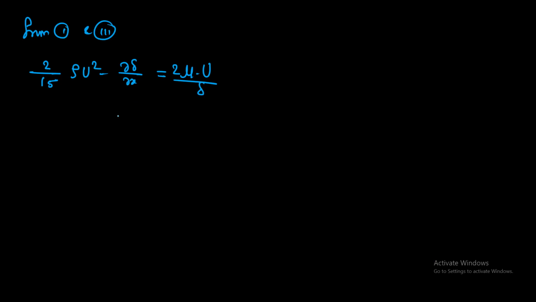So take delta on this side. So delta dou delta upon dou x. This is equal to, this is 15. This 2 will get cancelled. This U and U square will get cancelled.